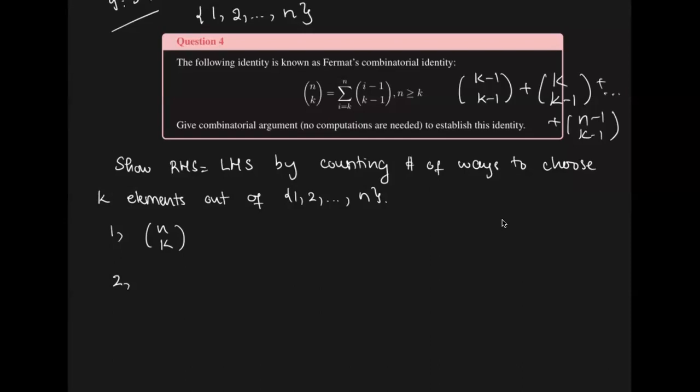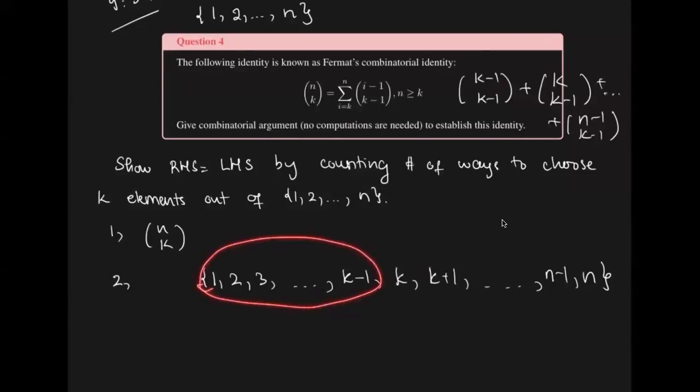So if we look at the set 1, 2, 3, up to k minus 1, k plus 1, and then up to n, like this. The first term is telling us that out of k minus 1 elements, I choose k minus 1 elements.